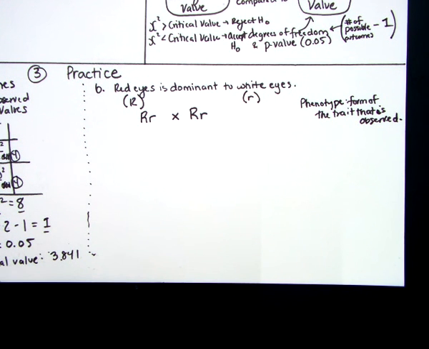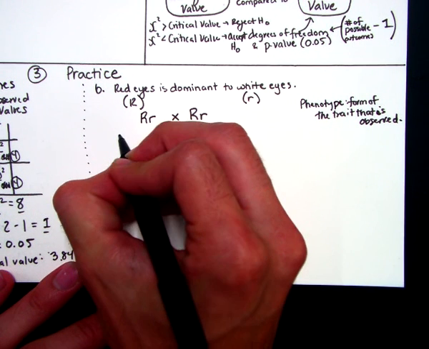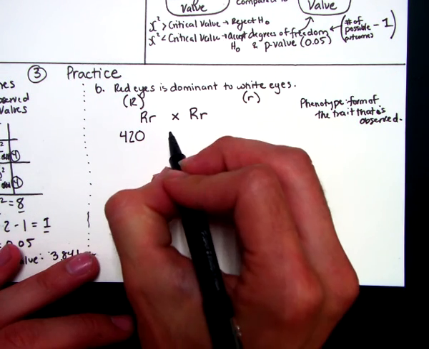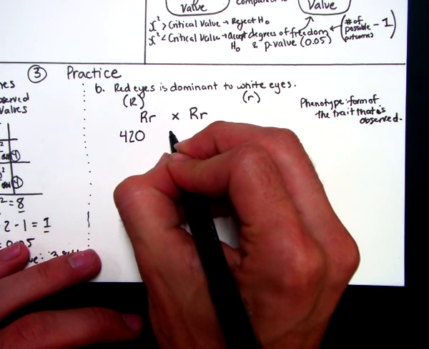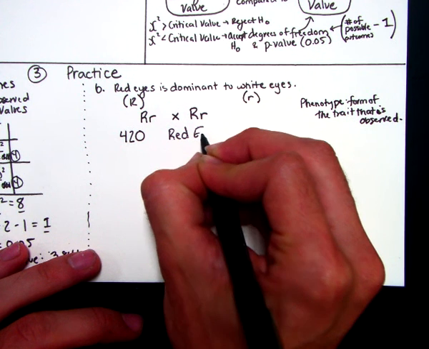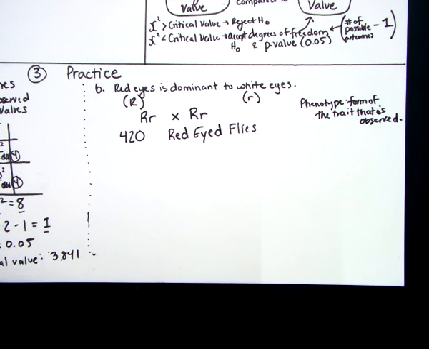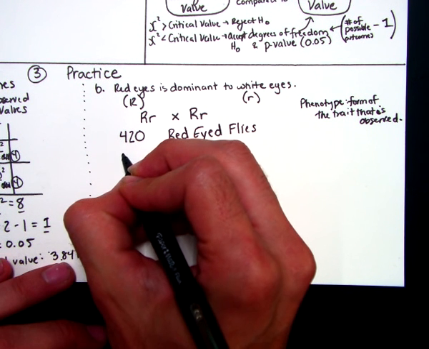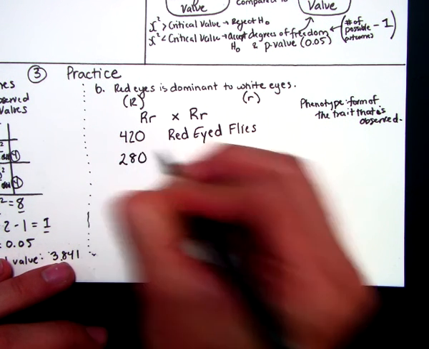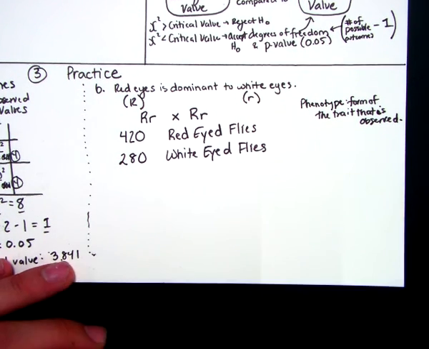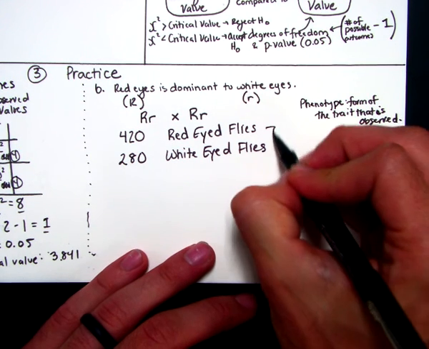And what was observed was there were 420 red-eyed flies and 280 white-eyed flies. Okay, that was what was observed from the offspring.